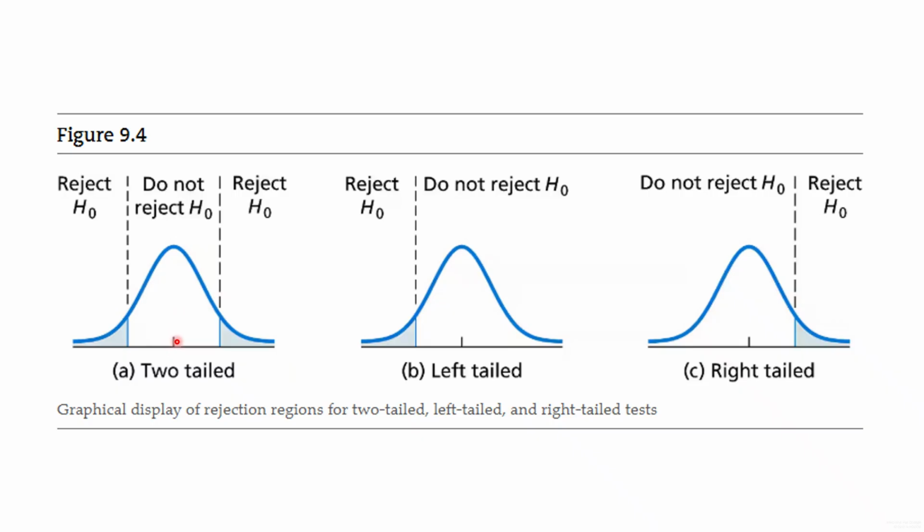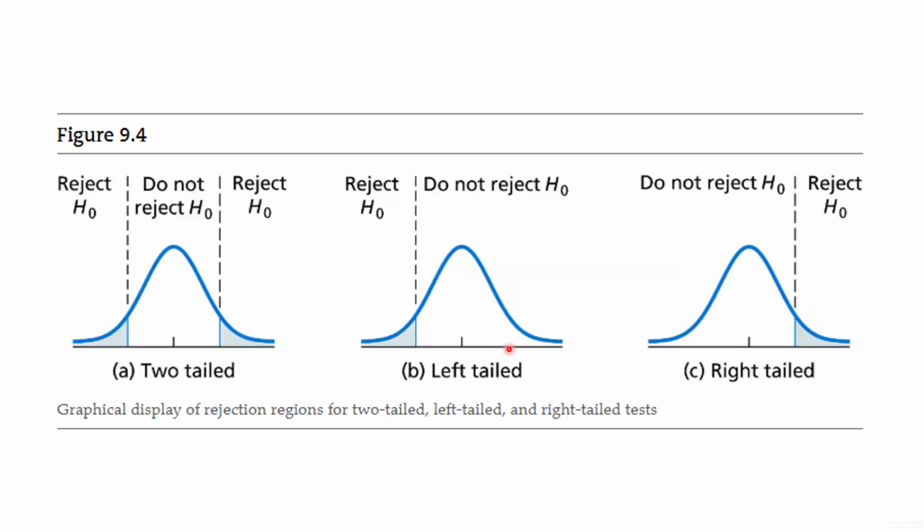For example, say this tick represents 1, this represents 2, and this represents -2. If you've got a number from 1.00 to 1.999, it's going to be in the non-rejection region. But if you get up to 2 or -2, you reject your H0. And what number are you using for that? The test statistic you calculate.